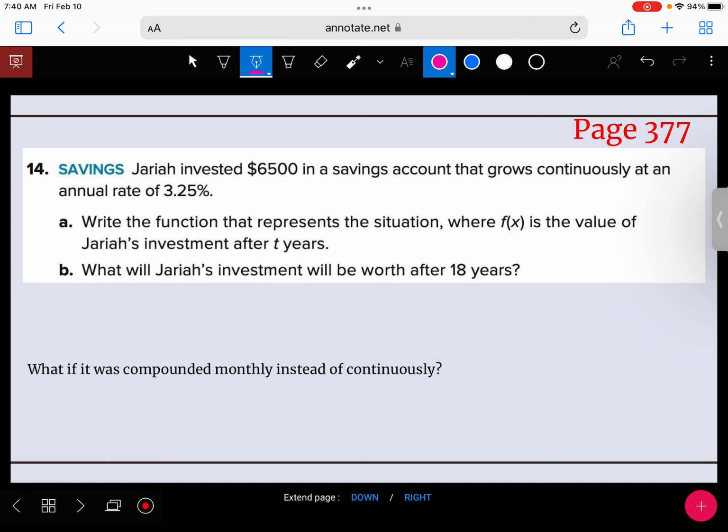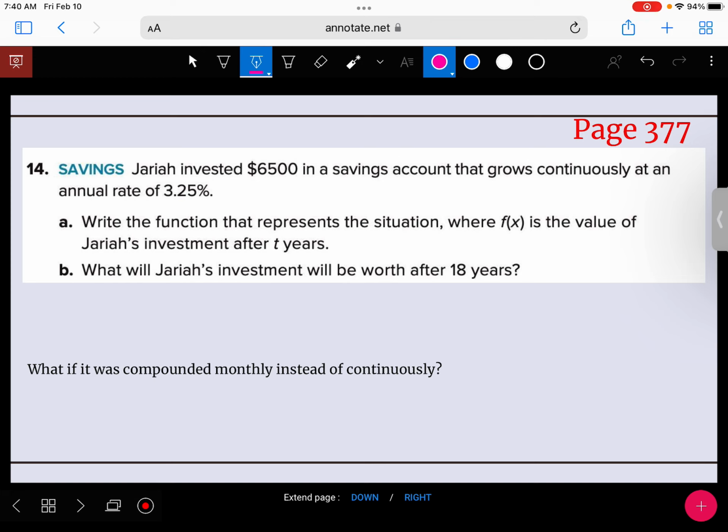Is everyone good on this one? Okay. It says Jiraiya invested $6,500 in a savings account that grows continuously at an annual rate of 3.25%. So write the function rule that represents the situation, where f of x is the value of Jiraiya's investment after t years.